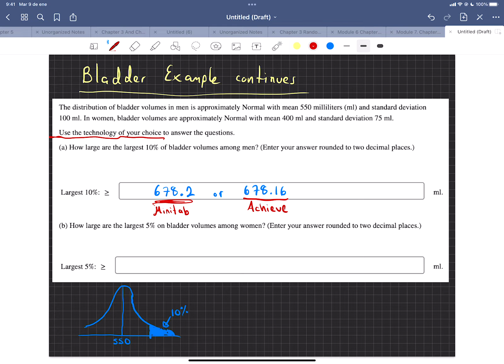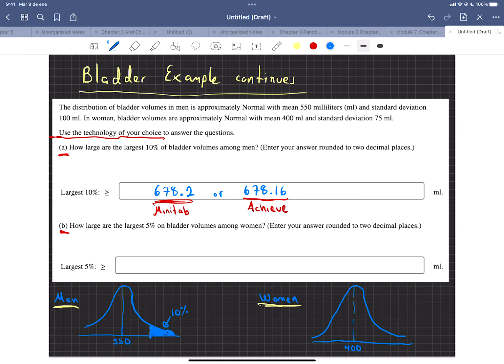Now, how large are the largest 5% of bladder volumes among women? Part B. So part A, part B. Again, I'm going to do a sketch. This is for men. Now for women, the mean is 400.